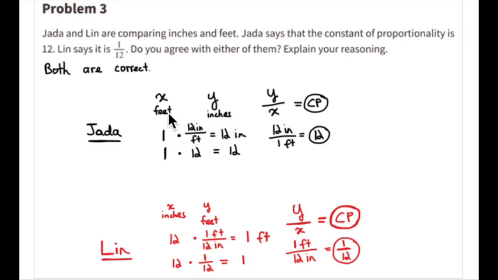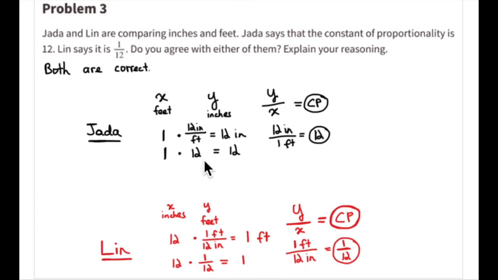You have to increase this 1 times 12 to figure out the number of inches. So the constant of proportionality is 12. If you're given a number of feet, you multiply that number times 12 to figure out the number of inches. So y divided by x is 12 divided by 1, which is equal to 12. So the constant of proportionality to go from feet to inches is 12.